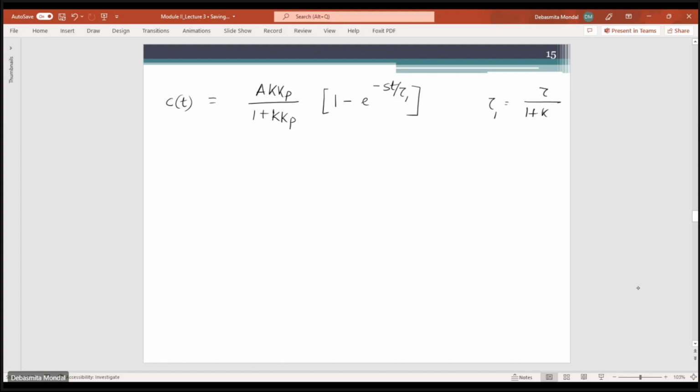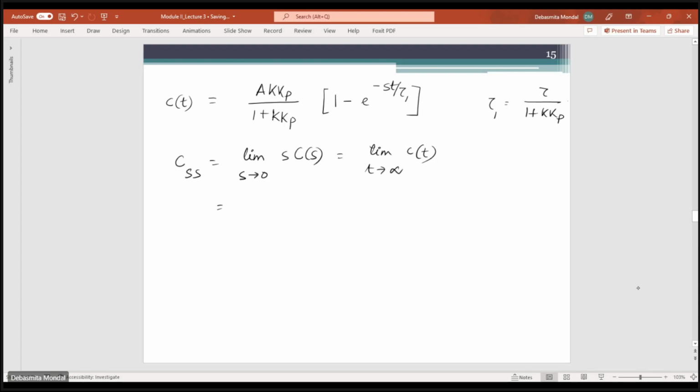Right, so now offset error means what? At infinite time, what is the difference between the set point and the output? The output is now C(t). So if you want to find C_ss, C_ss will be nothing but limit s tends to 0, s into C(s), or you can also write limit t tends to infinity C(t).